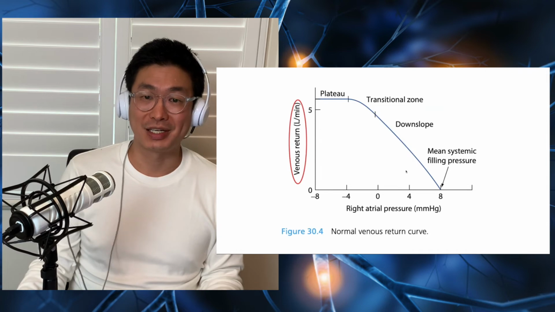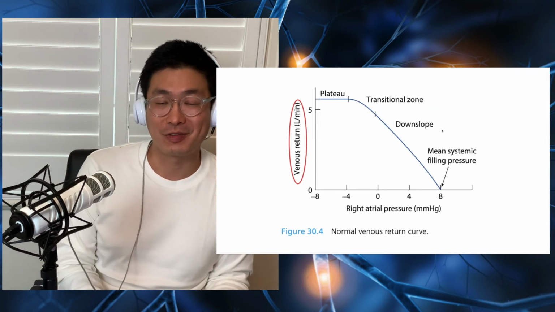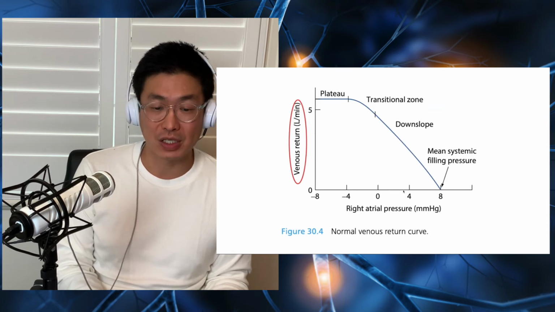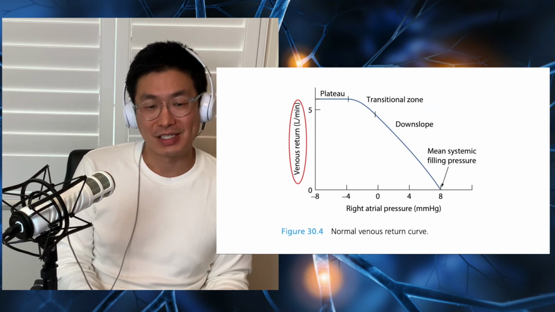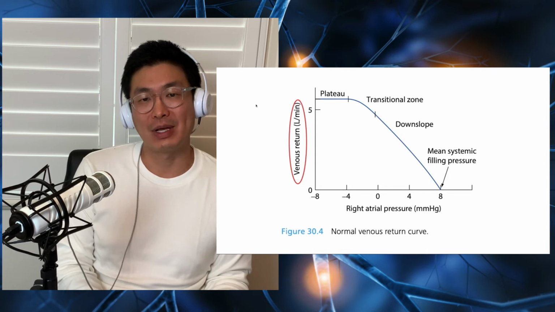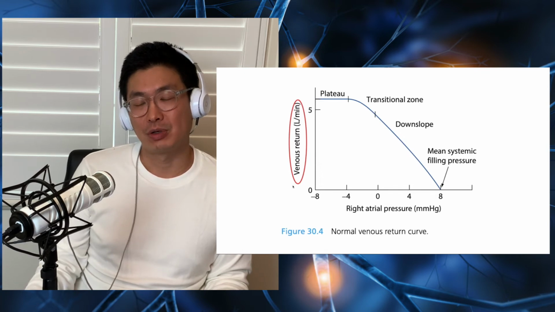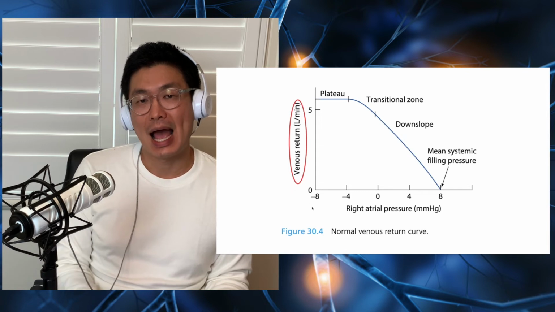This is really interesting. So this is why I think it's nice to use this graph here, because of this. Look at how Power and Cam has labeled the y-axis here. He's labeled it as venous return instead of cardiac output. So Pappano labels it as cardiac output, but Power and Cam has got it as venous return.